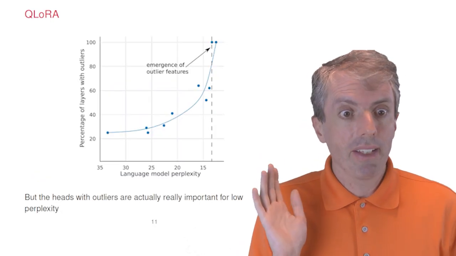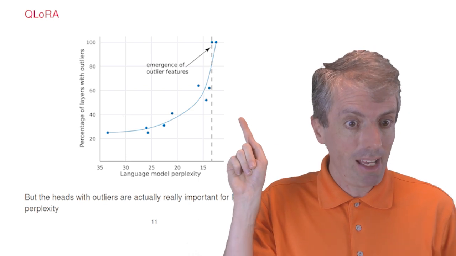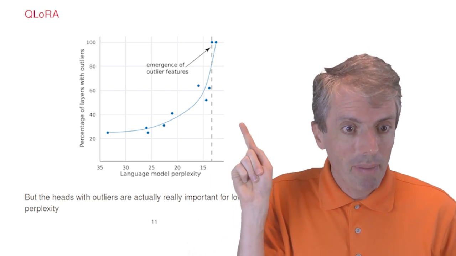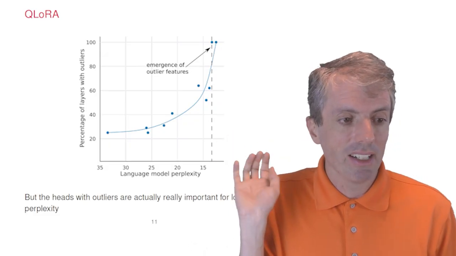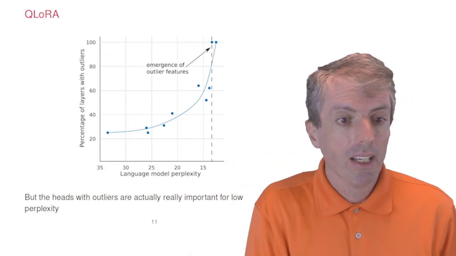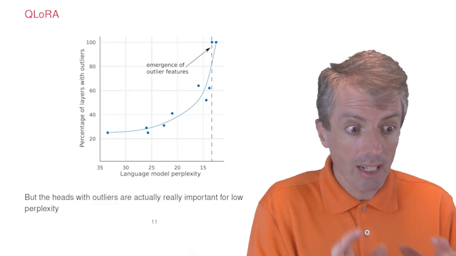And you can't just forget about the outliers, because a lot of the neat stuff that happens in Muppet models happens because of the outliers. The heads that have these outliers are actually really important for getting low perplexity, for modeling the data well.